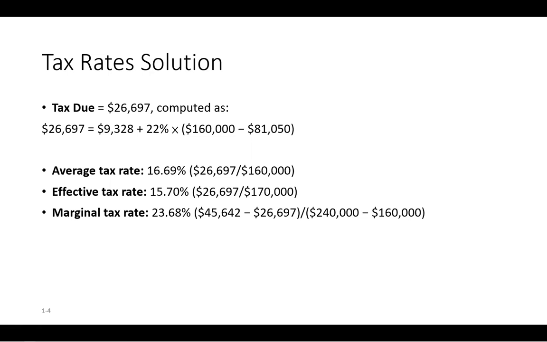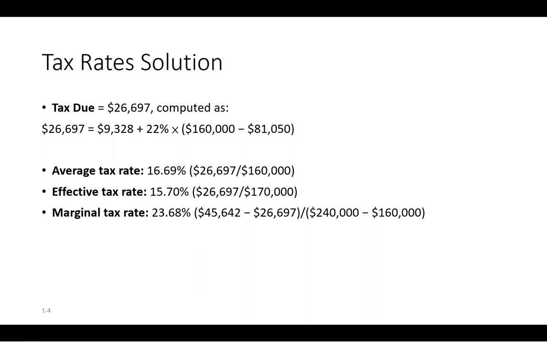Our Schedule Y-1: now their taxable income is way above $172,750. That bracket we use to determine their income tax up here, now they're in the next bracket down. Their income is between $172,750 and $329,850. And when I say income, I mean taxable income.